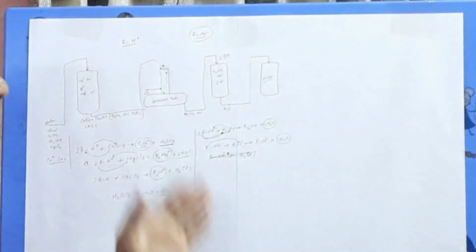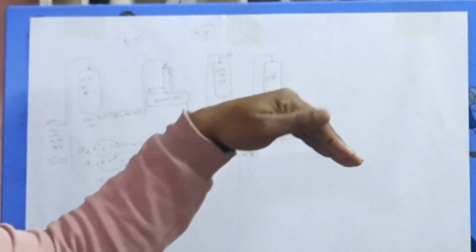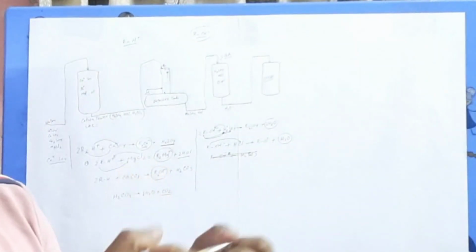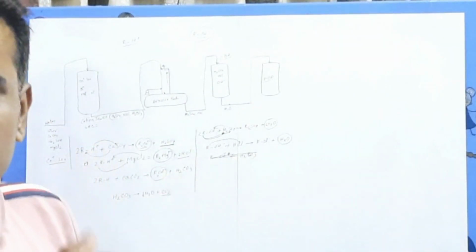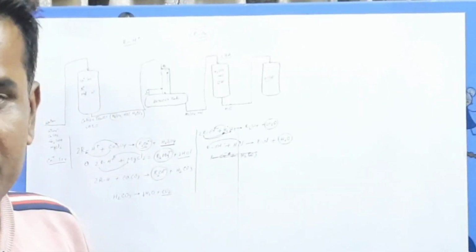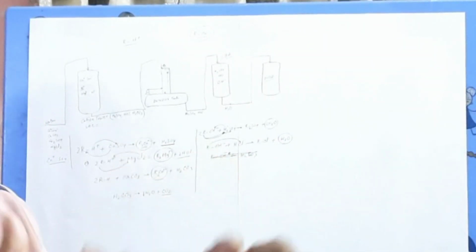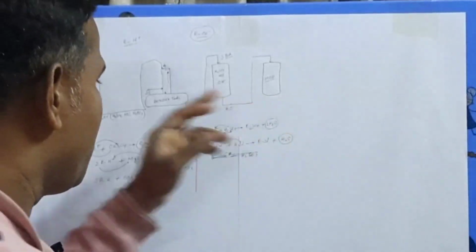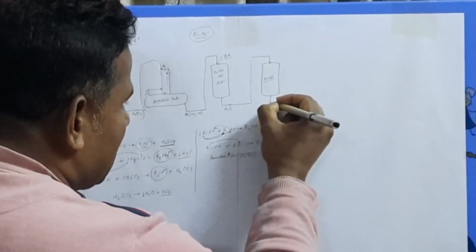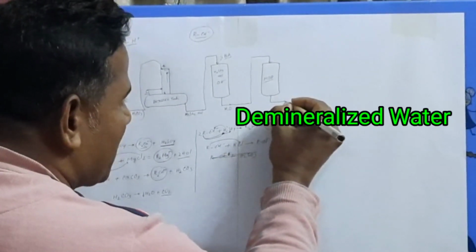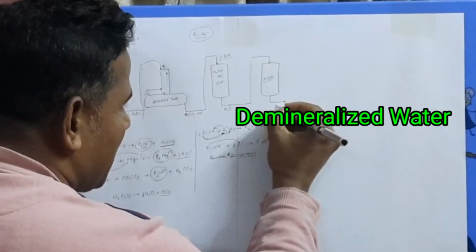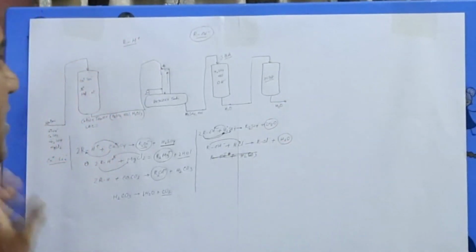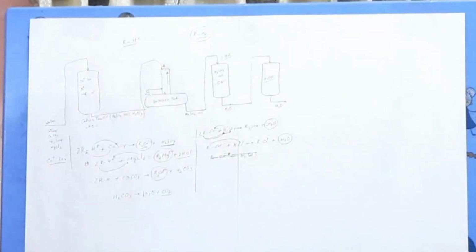So what will happen after entering the MBP unit? Cation resin will absorb the cations, or positive ions, and anion resin will absorb the anions, or negative ions. After absorbing positive and negative ions, pure water will finally discharge from here to the deaerator, for the boiler, for the plant.